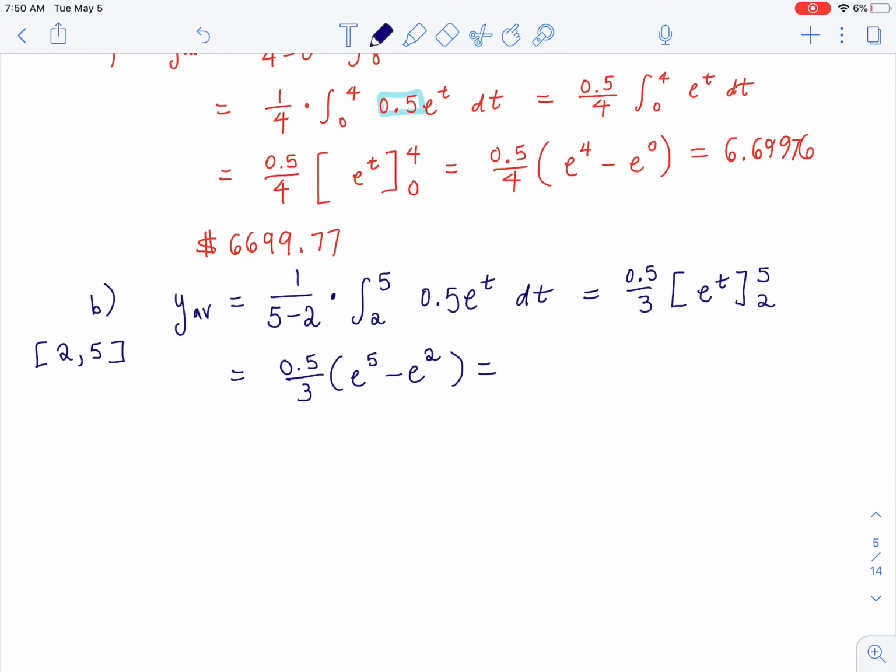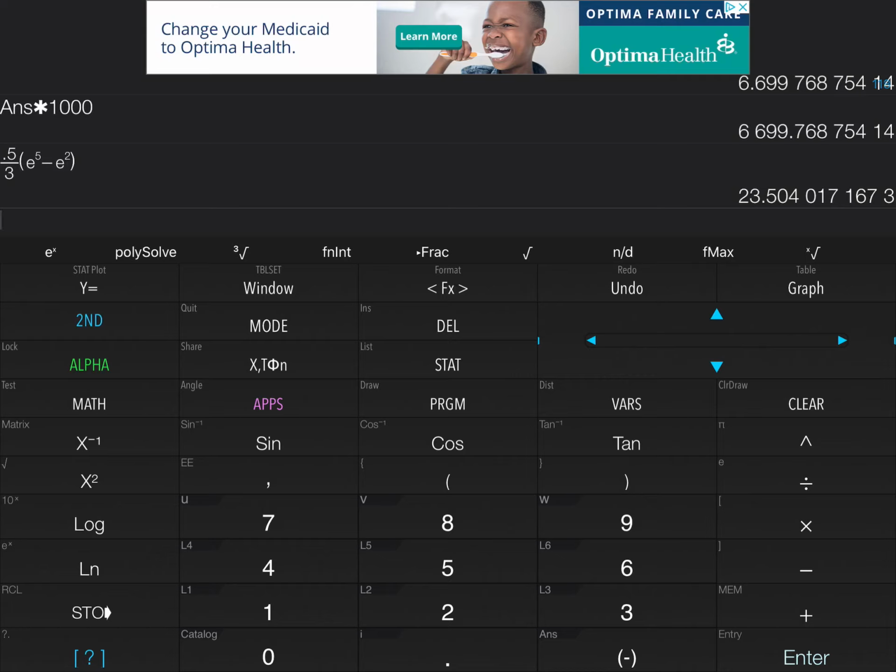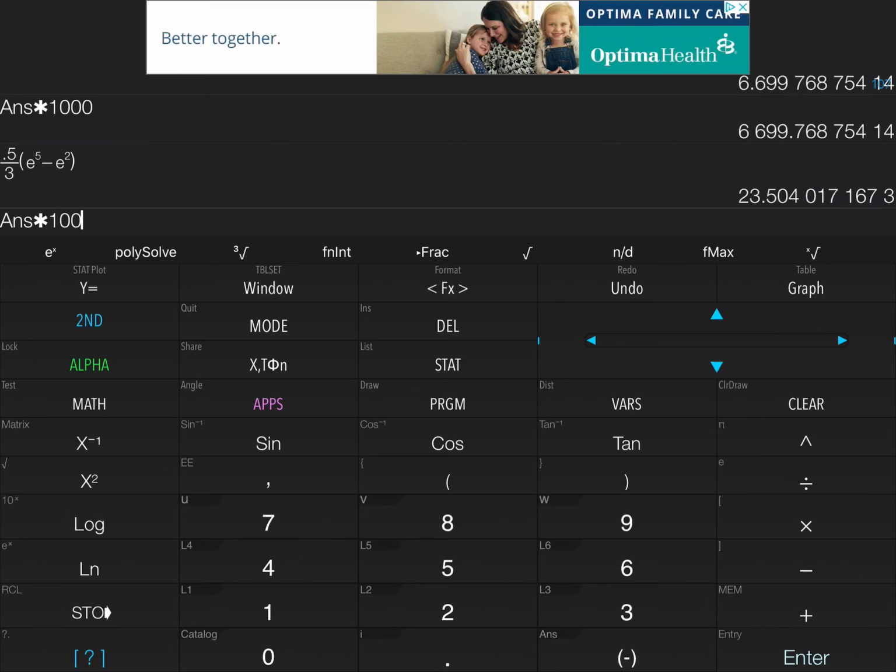Time for me to go to my calculator again. I'm going to copy this. 0.5 divided by the denominator, which is 3 for this one, and then e to the 5th power minus e to the 2nd power. If I enter, they're doing much better in those months. I'm going to multiply this by 1,000 because the unit was in thousands.